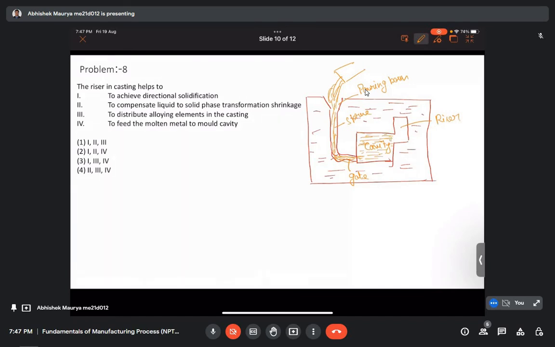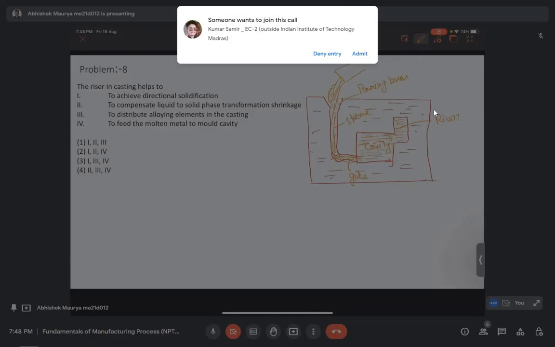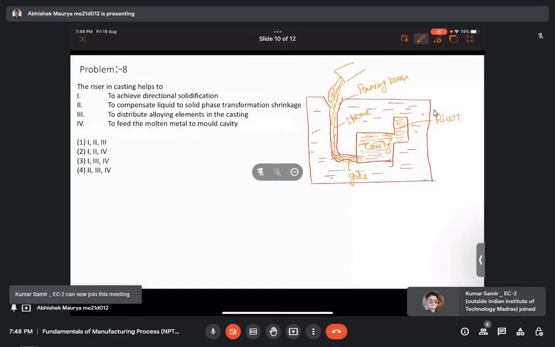Then we leave it for solidification and cooling down of the casting. Whenever the solidification process happens, there is a shrinkage of volume of the molten metal.